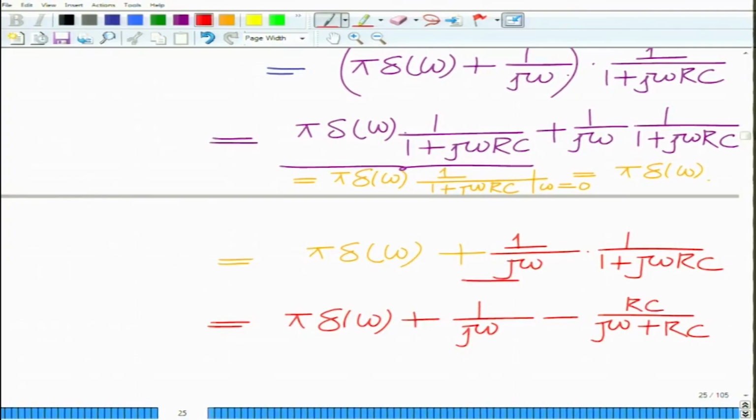So, what I am going to do is use the partial fraction expansion of 1 over j omega into 1 over 1 plus j omega RC.